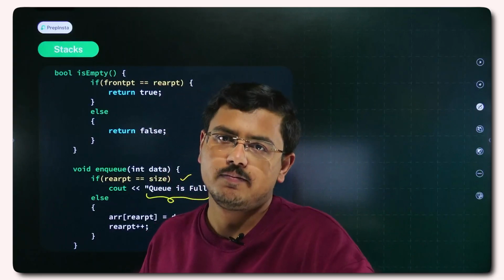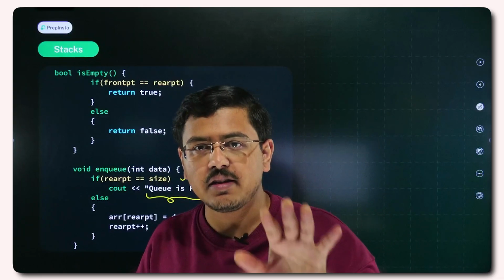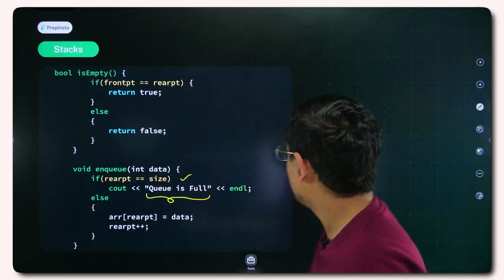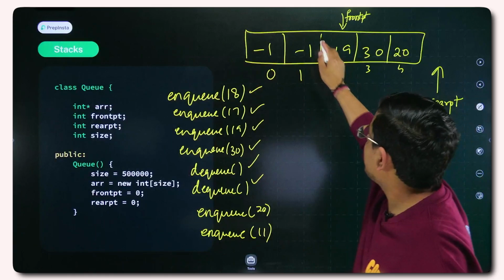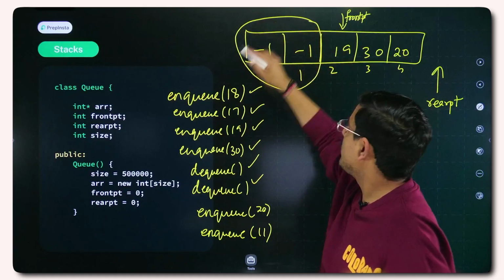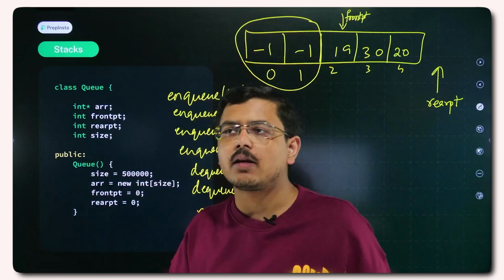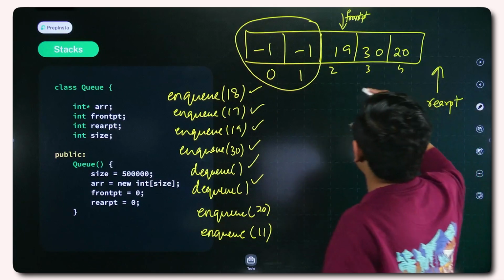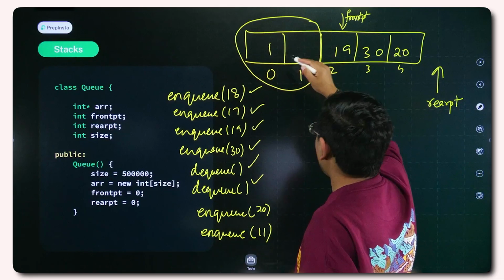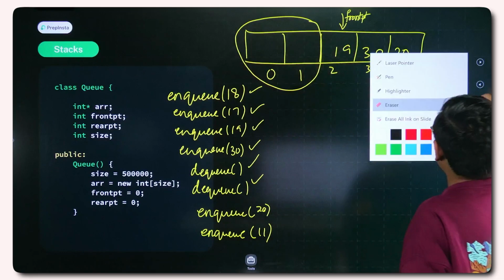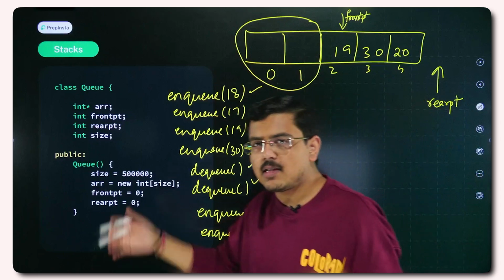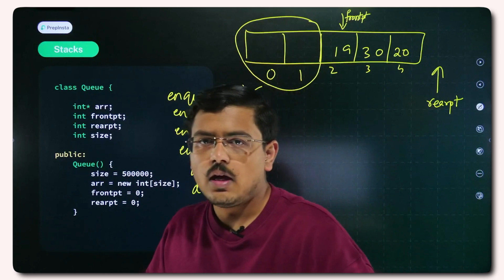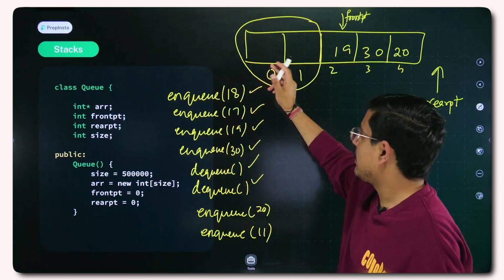Is it really full? No, it's not, because we have these places where we can store something. This -1 is something I put for my reference; otherwise I can simply erase all this. I can simply see that these are empty blocks of memory and they are being wasted. I cannot add anything here.